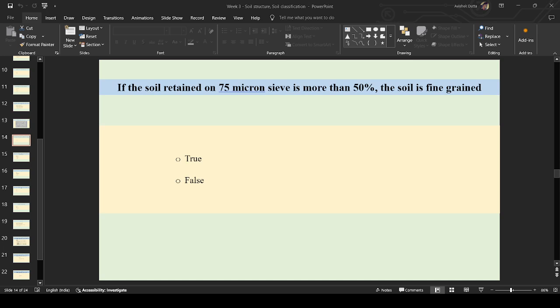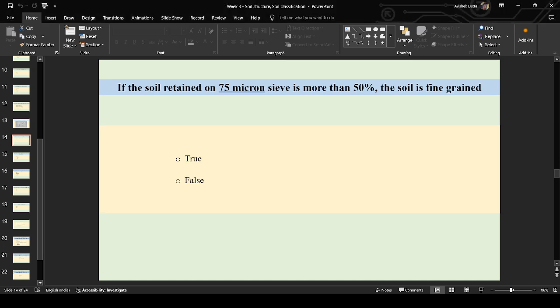Again a true false question. The statement here is, if the soil retained on 75 micron sieve is more than 50 percentage, the soil is fine grained. So is this statement true or false?